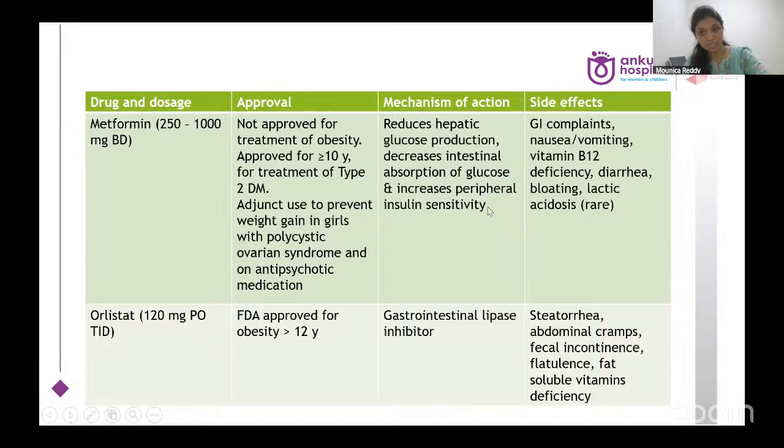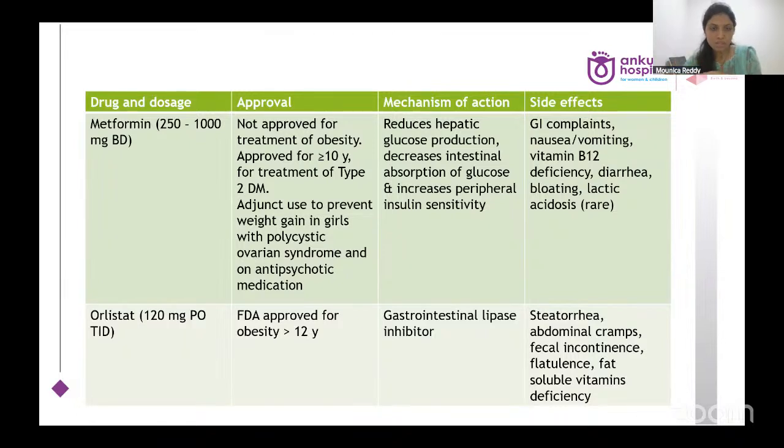But it also comes with some side effects: nausea, vomiting, vitamin B12 deficiency, diarrhea, and bloating. Trials have been conducted in teens between 6 to 18 years, and in a cohort of children between 6 to 12 years of age. But always remember that pharmacotherapy has to be done in addition to the lifestyle changes.